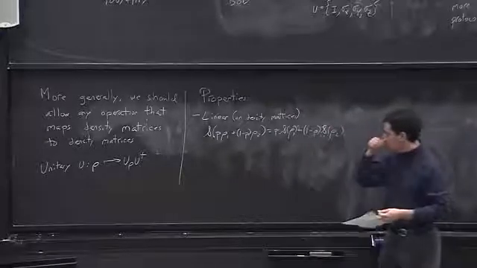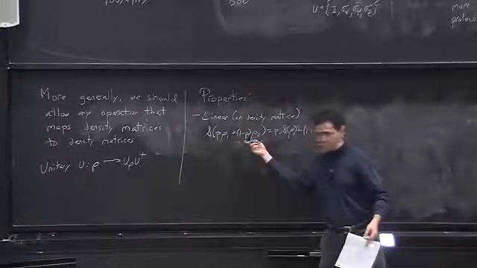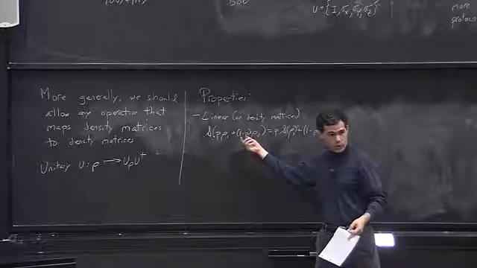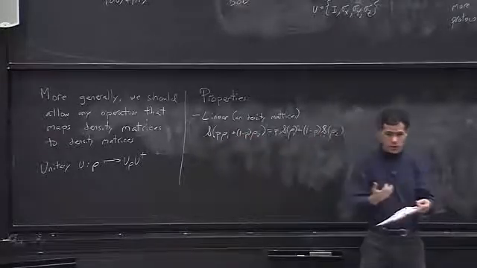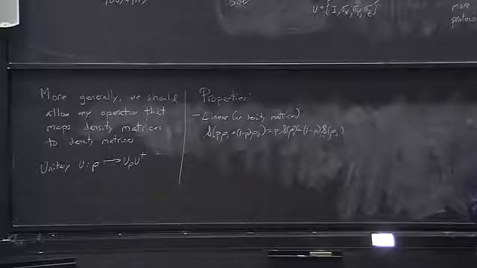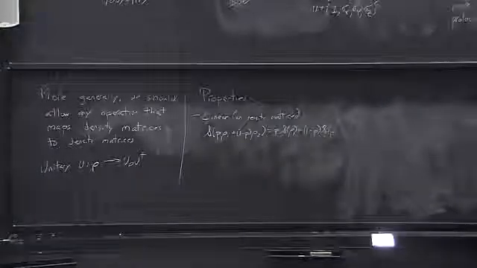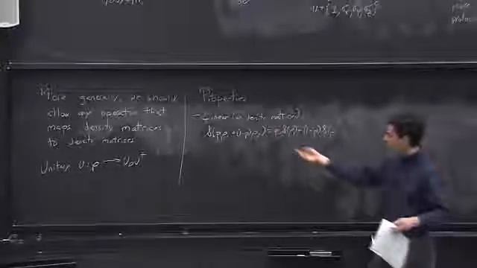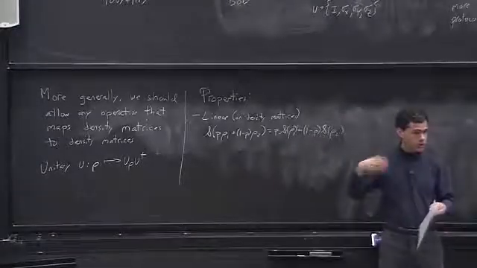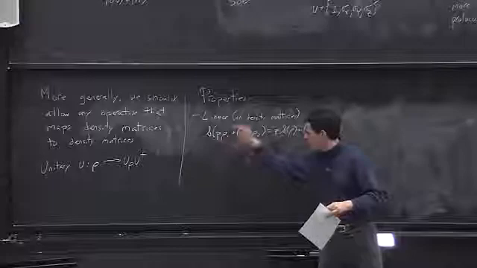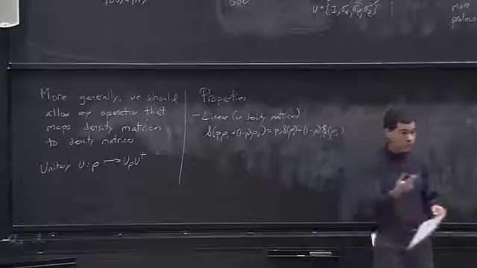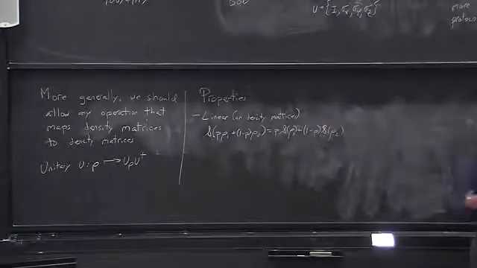So why is that? Well, this thing here, P rho 1 plus (1 minus P) rho 2, is a probabilistic mixture of density matrix rho 1 with probability P and rho 2 with probability 1 minus P. Okay?